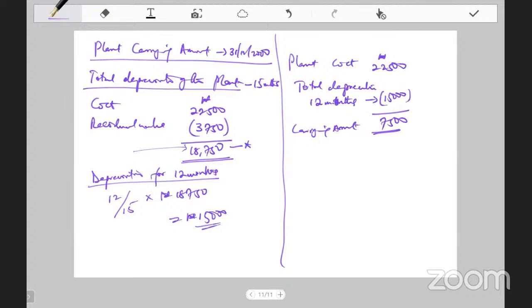So how much of that have we used in 12 months? If 18,750 of the cost of the plant is what is attributable for this contract, and that would be 15 months, how much will be accounted for in 12 months? That's 15,000, and it means that the plant will still have 7,500.